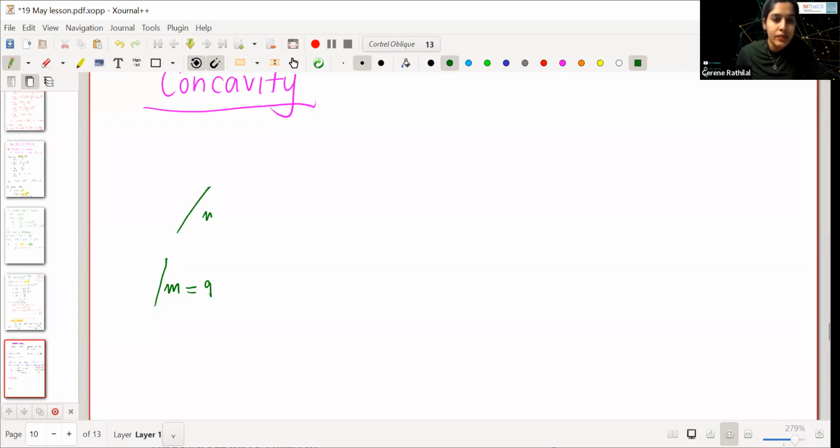Would you expect the gradient of this line to be bigger than 9 or smaller than 9? This first line is quite steep, and this line is considerably flatter than the one with gradient equal to 9. So if it's flatter, would you expect the gradient to be bigger than 9 or smaller? Smaller, wonderful. The answer is smaller because it's less steep. Great. So let's just say that one was 5.